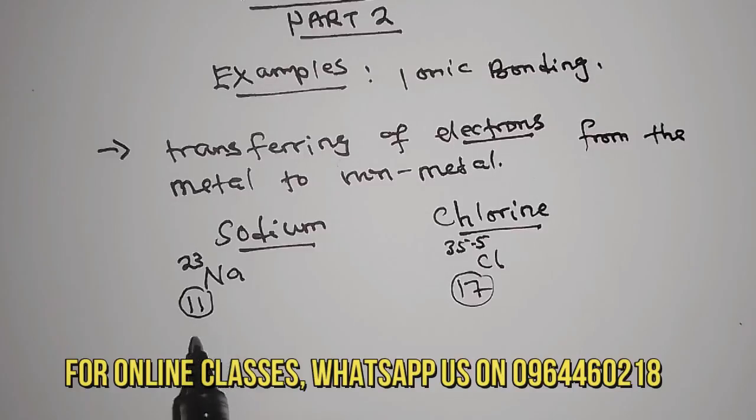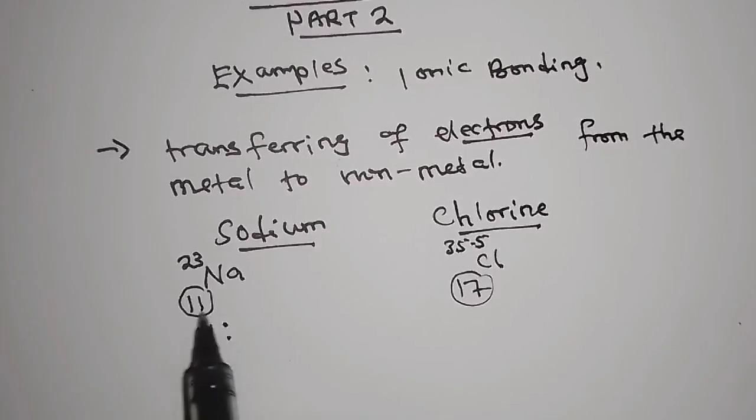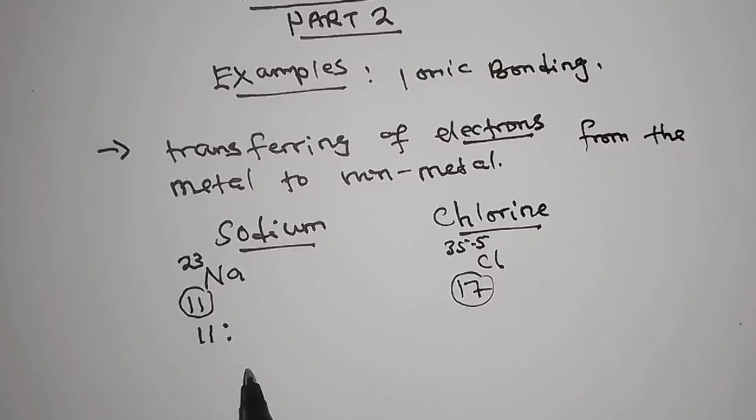So in this case, you need to do the electronic configuration for sodium. With 11, you're going to say 2, 8, 1. This simply means that when you add together, 2 plus 8 is 10 plus 1, you get back 11.